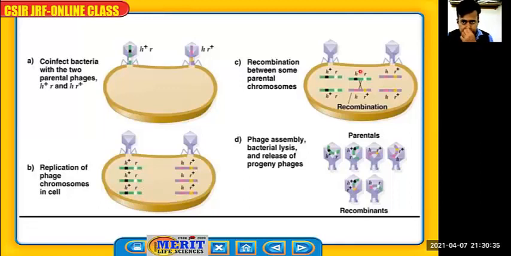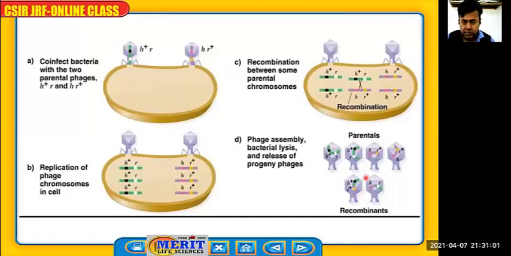Then on the next page, what you can see is that some are recombining, some are not recombining, right? So if h plus r and h r plus are recombining, what can you expect? You can expect parental as well as recombinant. This is clear? So this is the basic fundamental aspect of gene mapping. Always you have to look at the recombinants, right?